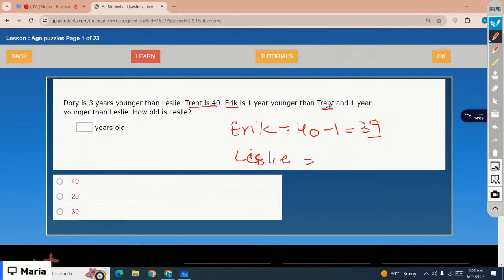Eric is 1 year younger than Leslie. So that means you need to add one to Eric's age to get Leslie's age. Because Eric is 1 year younger, Leslie is 1 year older. So add one. So yes, the correct option is 40. So Leslie is 40 years old. Got it? Yes, option number one is the correct option. Very good.